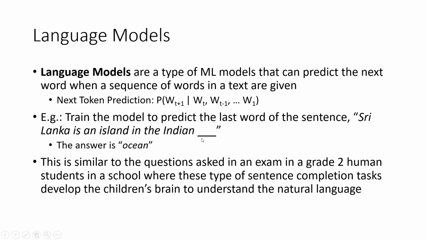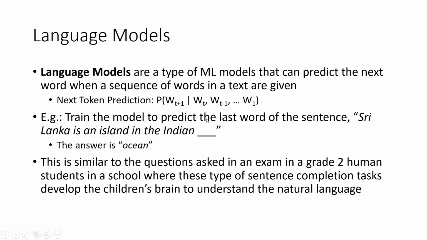This is the level of competency or intelligence expected from a grade 2 student. When the grade 2 student has learned some basic stuff about the world in his or her early childhood, she can predict the next word depending on the earlier sequence of words.